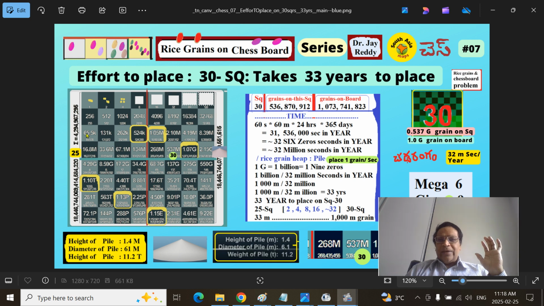You have a chessboard, this is the 30th square, and you start filling all of them one grain at a second and come to the 30th and fill it completely. It takes 33 years of your life, working 24 hours. So that is very important. We will explore this further.